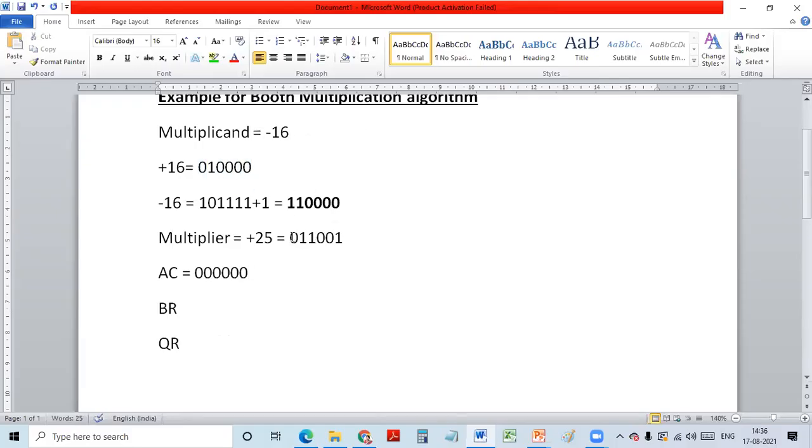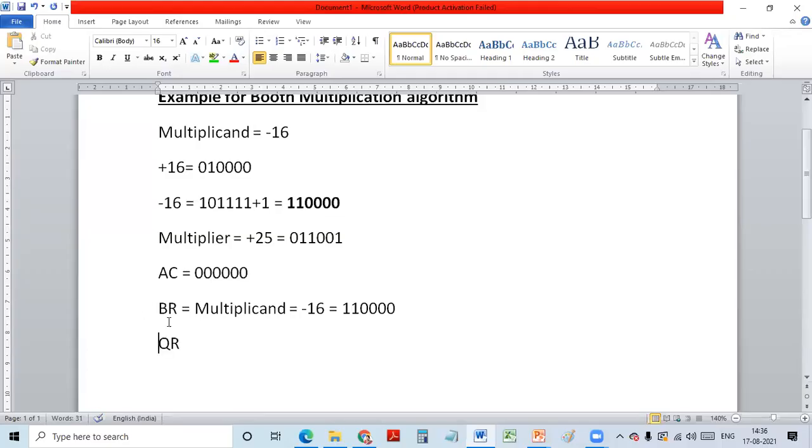Here 6 bits are there, and here also 6 bits, so I can take 6 bits in my accumulator. The multiplicand should be stored in the BR register, which is minus 16, that is 1 1 0 0 0 0. BR is 1 1 and 4 zeros.